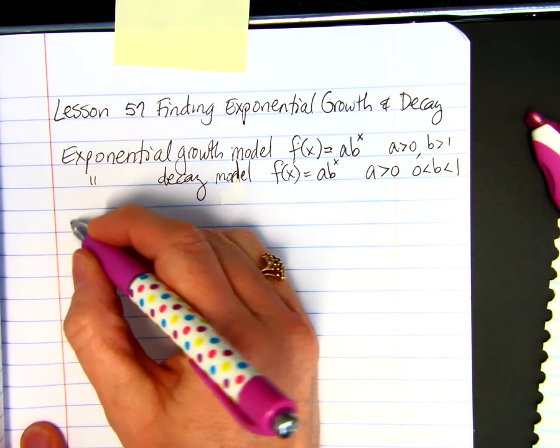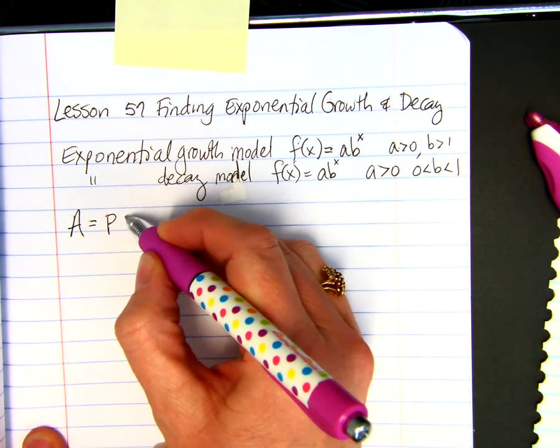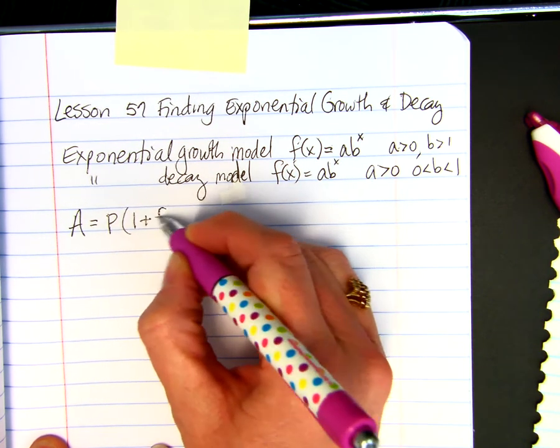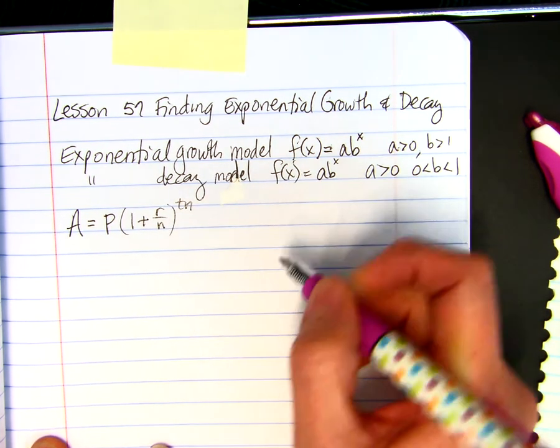An example would be if you're investing money: A equals P times (1 plus r divided by n) all raised to the tn power.